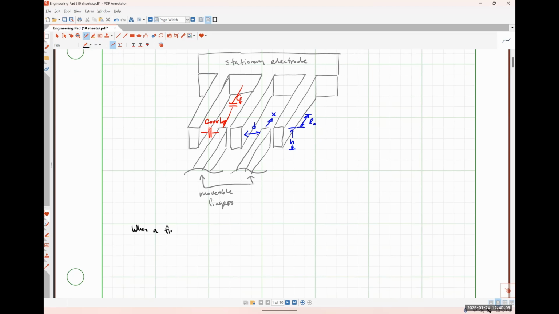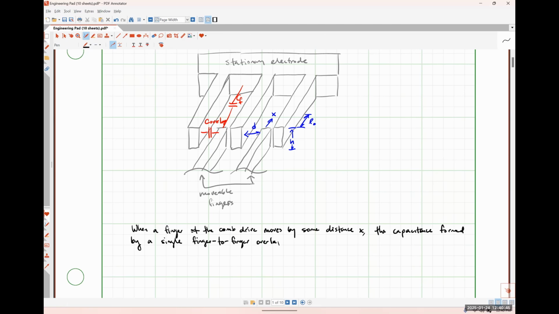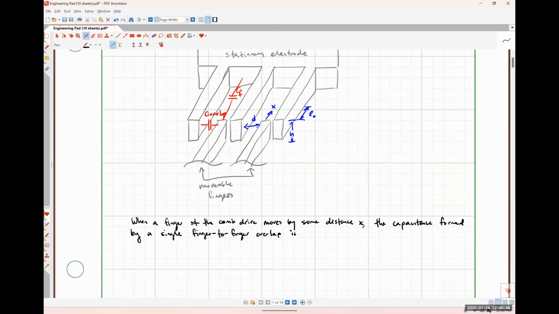Okay. So when a finger of the comb drive moves by some distance x, the capacitance formed by a single finger-to-finger overlap is going to be given by the following relationship.